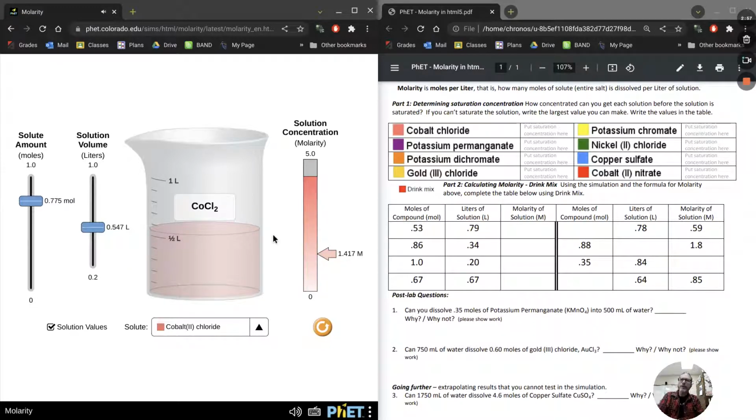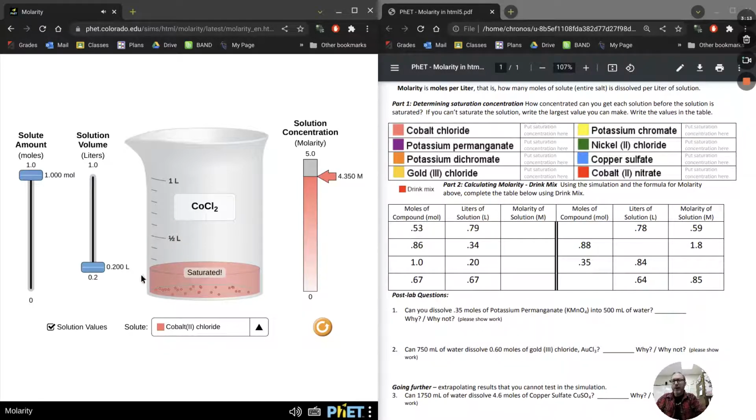Now what I'm trying to do is get to the saturation point. I'm going to do that by adding as much solute as I can and then decreasing the amount of solution that I have. And if you take a look right in here, it pops up with this little message that says saturated.